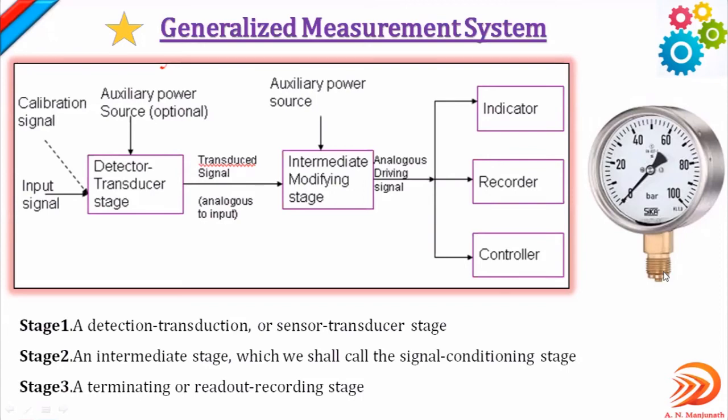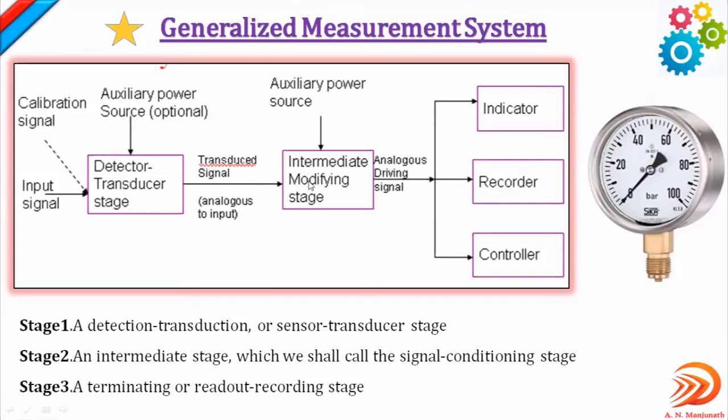But unfortunately, it is very rare to find a detecting device which is completely selective. Some sort of noise it will sense. Actually, it should not sense those noises, but it is not possible to have a device which is insensitive to noises. To some level it will detect, right? That is what the first stage is about. The detector stage senses the input signal, and it should be insensitive to other signals like noise.